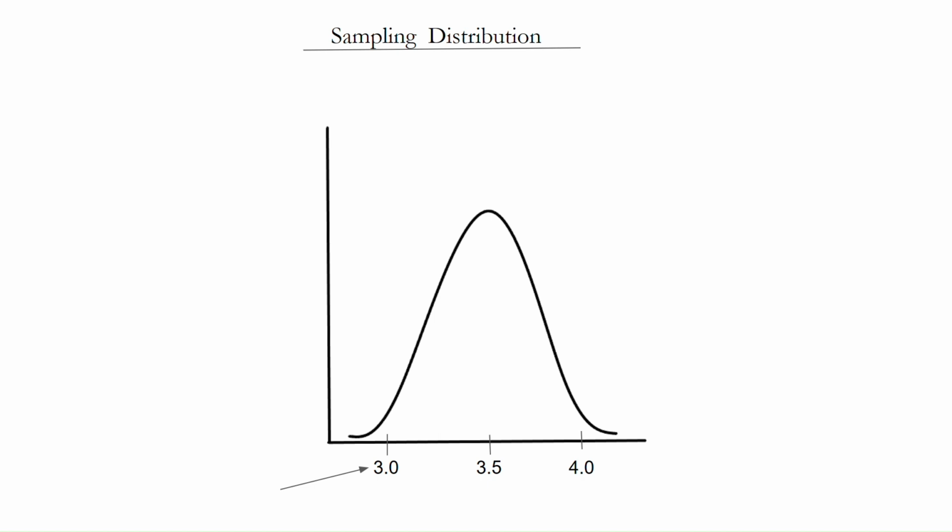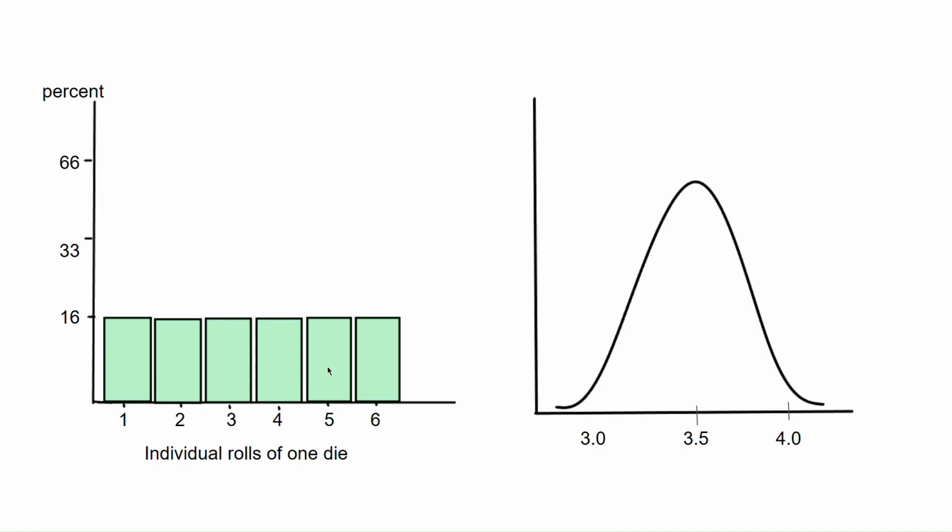So I'm going to say it again: a sampling distribution is a graph based on sample averages rather than individual outcomes. If you put these two side by side, the key differences are that the possible outcomes are different, the shape of the graph is different, and one is based on sample averages while the other is based on individual outcomes.